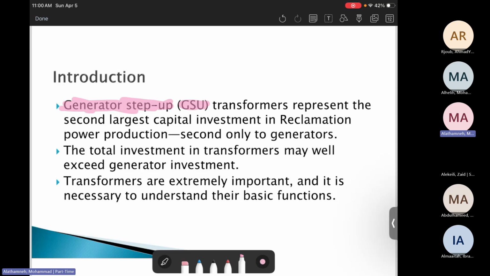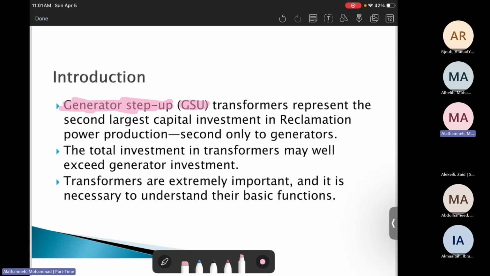And of course, it comes after the generators. We need to step up the voltage to reduce the amount of losses. There is a lot of money being spent on investing and improving the transformers.